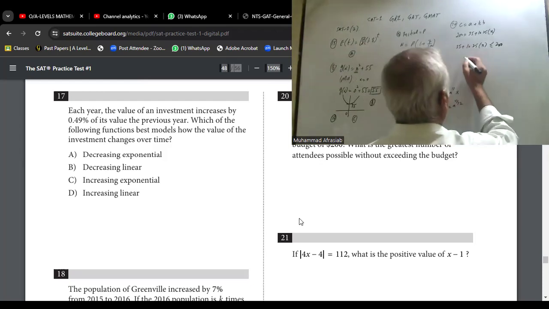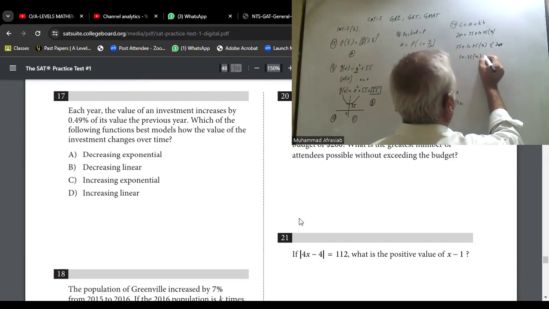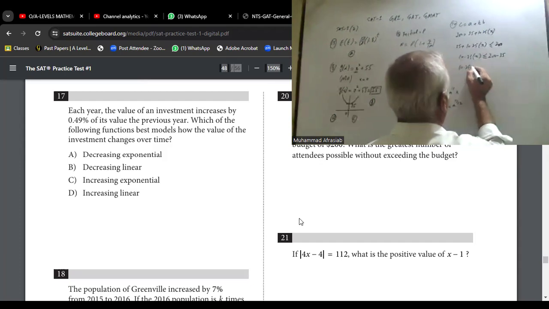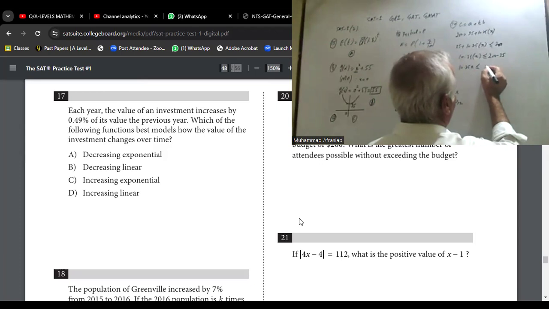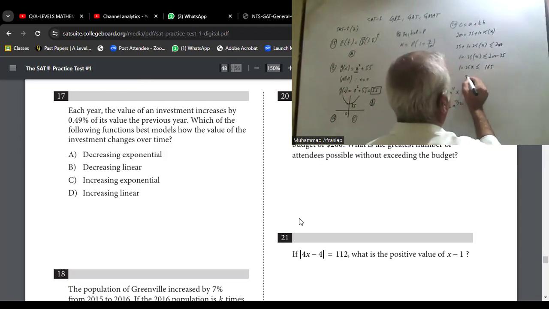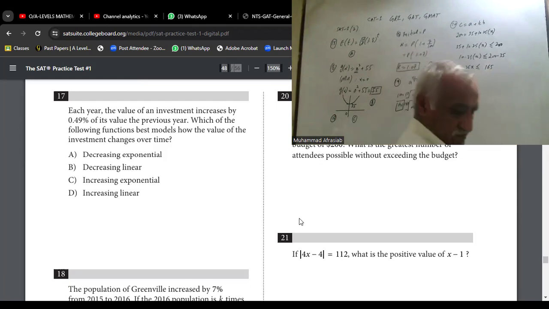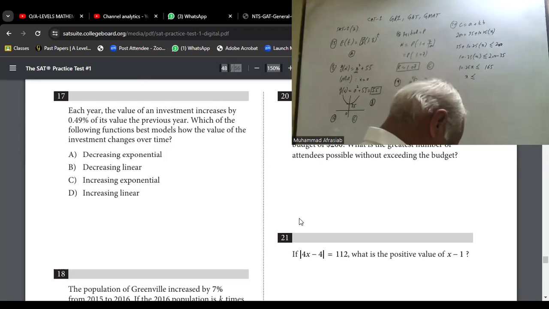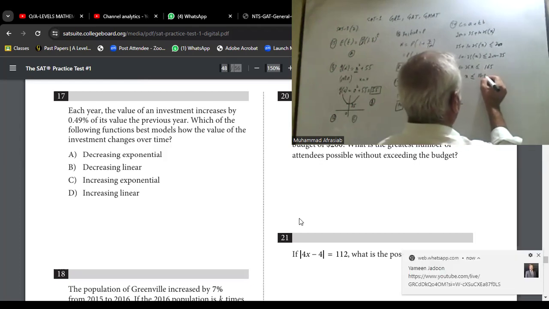So 10.25x is less than or equal to 200 minus 35, or 10.25x is less than or equal to 165, or x is less than 16.07.